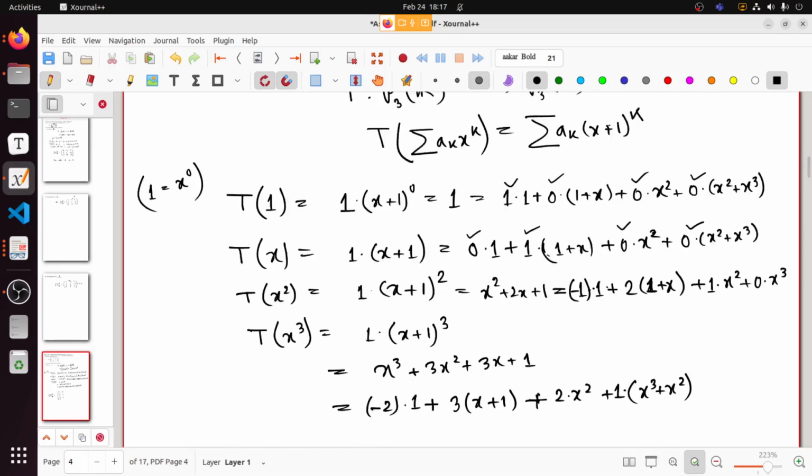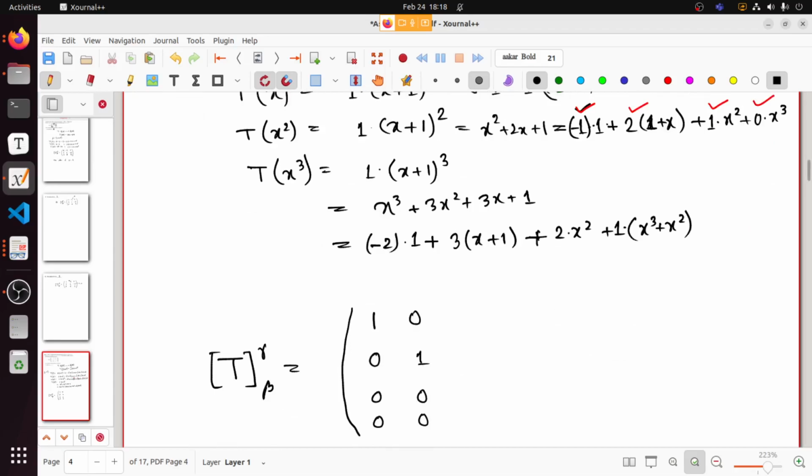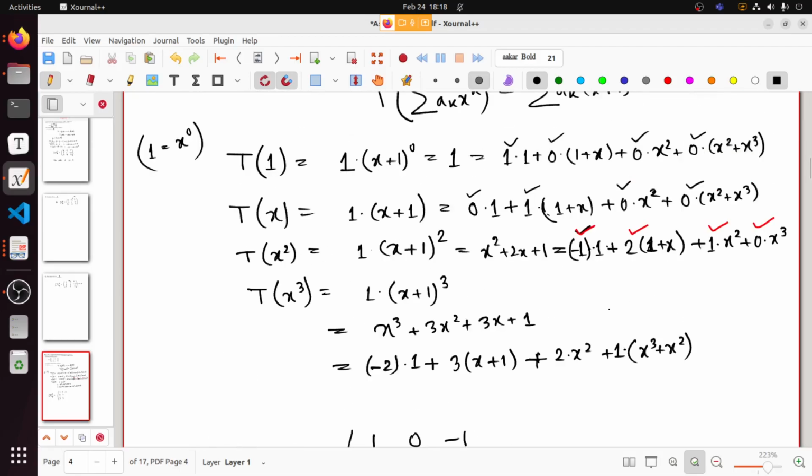Now what will be the third column? It will be minus 1, 2, 1, 0. What will be the next one? The next one will be minus 2, 3, 2, 1.